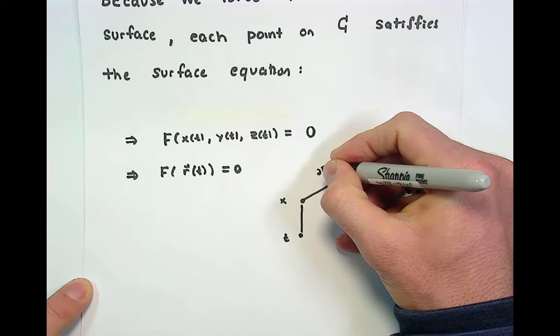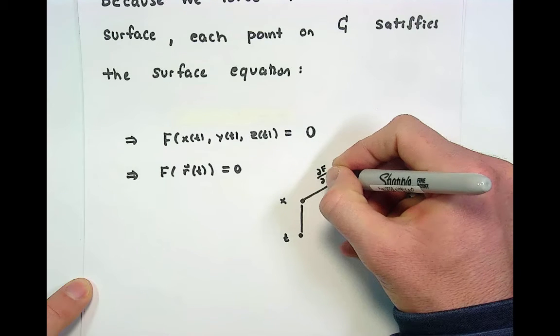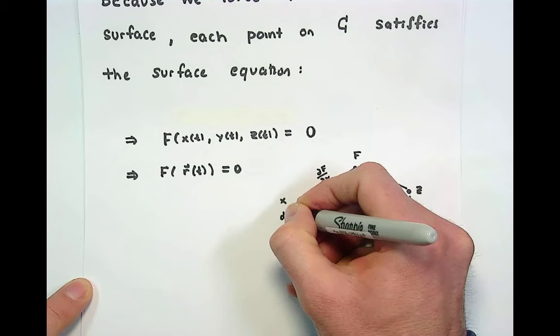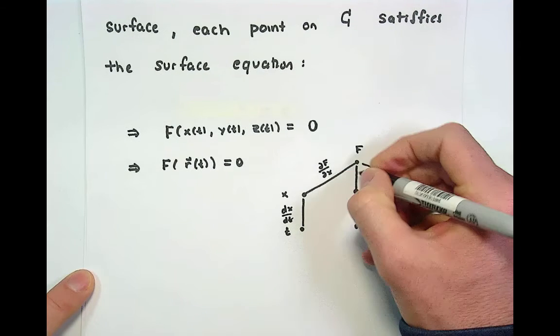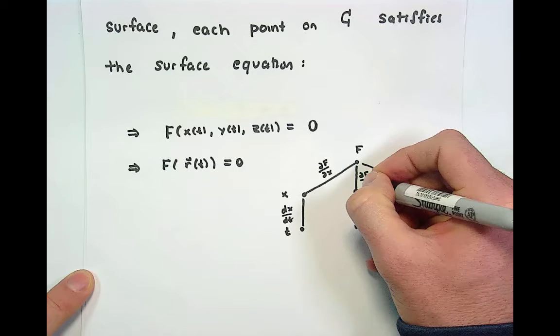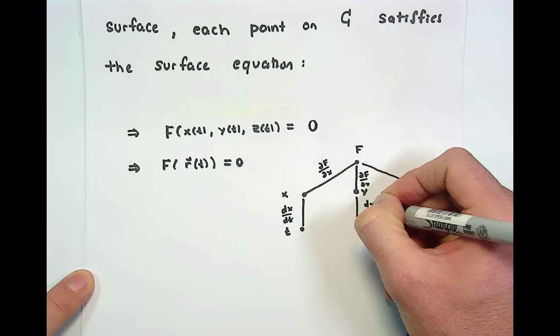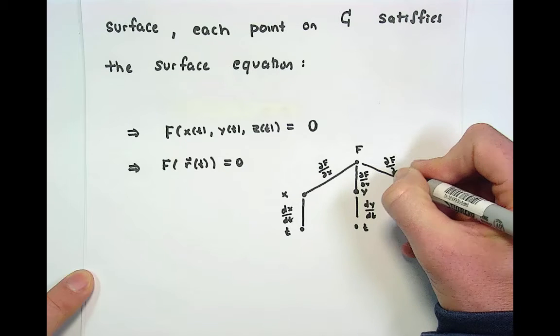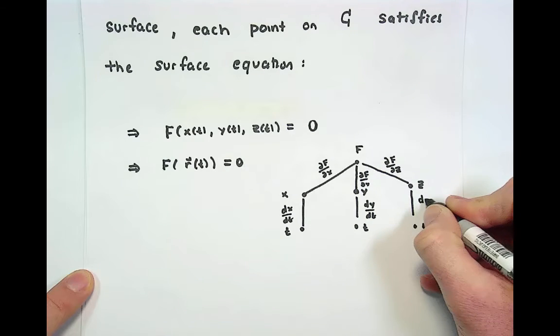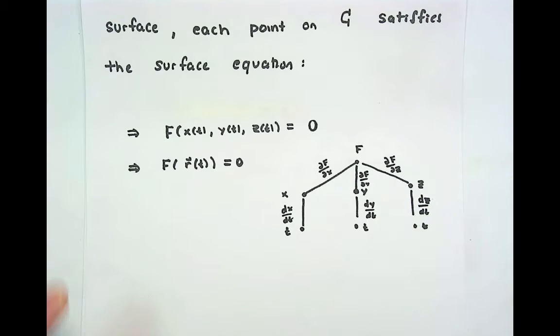And we say that the derivative of this thing, which we're going to talk about in a second, would be the product of the derivatives of the individual branches. So this is partial f partial y times dy dt, and that's an ordinary derivative. Here's a partial derivative with respect to z, and then this is an ordinary derivative with respect to t.